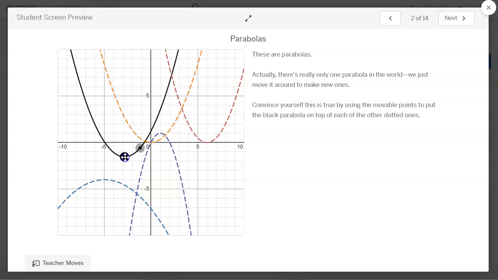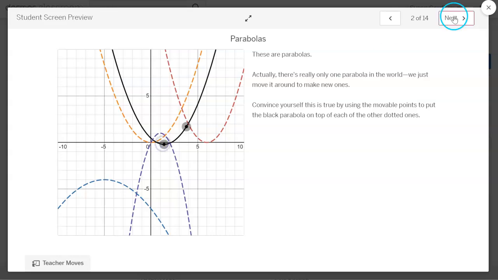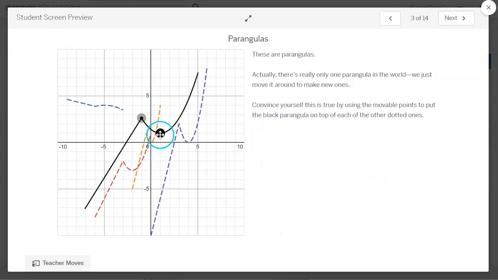You can move it around and you can change the steepness of the graph with this one, and so that's what they're doing here. And then they have this brand new function called a parabola, which is non-existent. They just made it up. It's okay, because we're going to actually look a little closer at this.